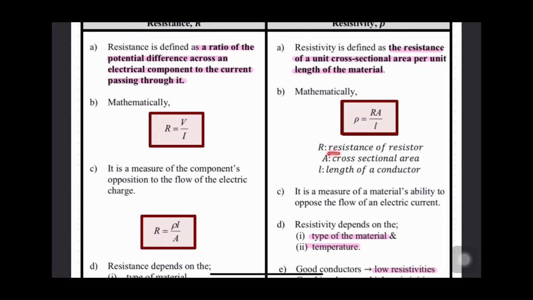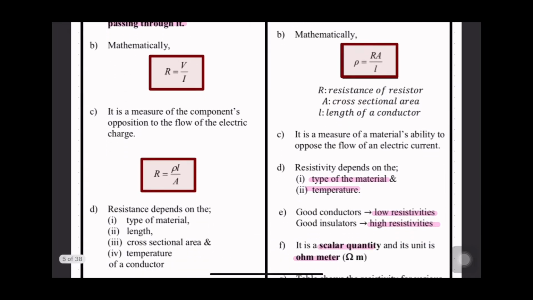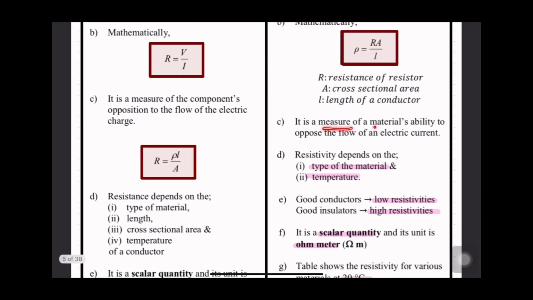Where R equal to resistance, A equal to cross-sectional area, and length of the conductor is L. It's a measure of the material's ability to oppose the flow of an electric current. Ability, kebolehan material.